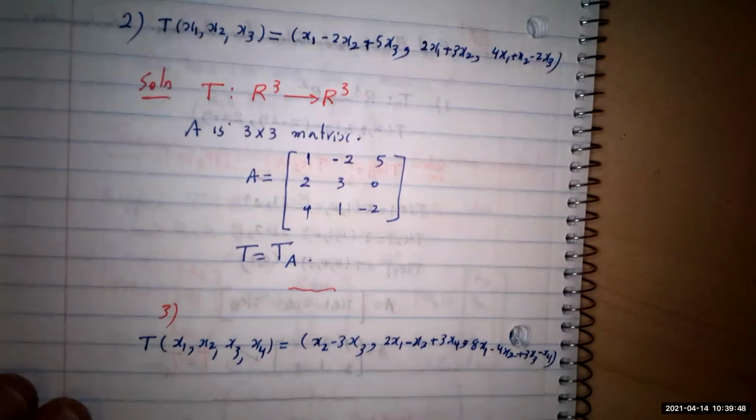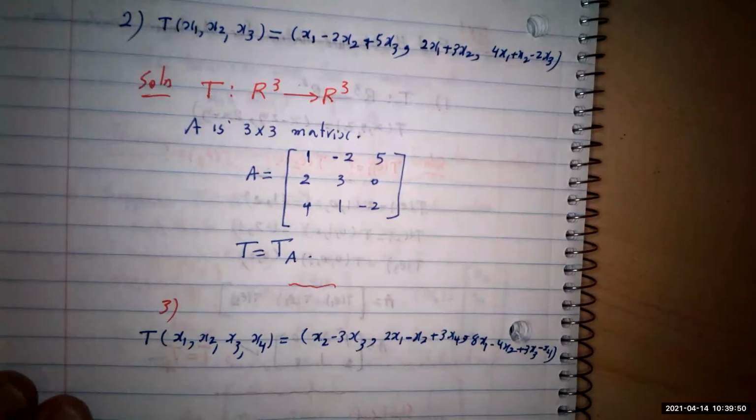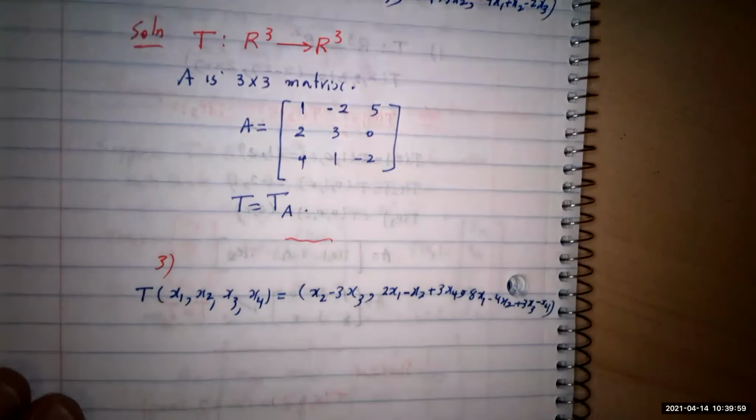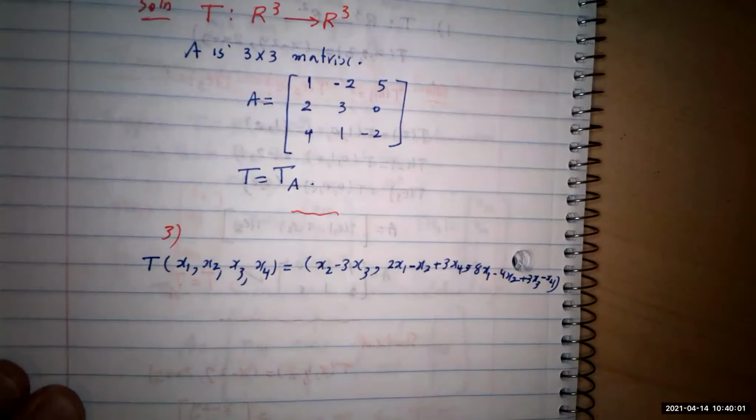So the last one is 8x1 minus 4x2 plus 3x3 minus x4. This is going to be your linear transformation.